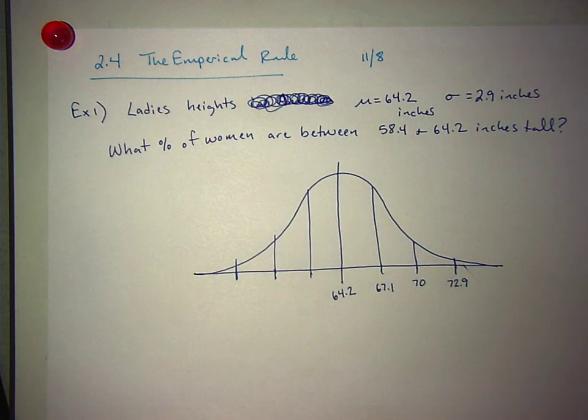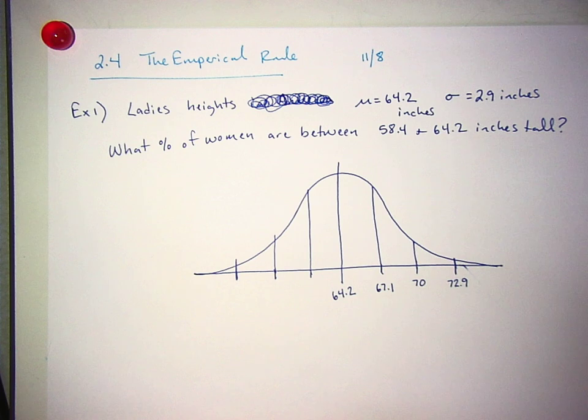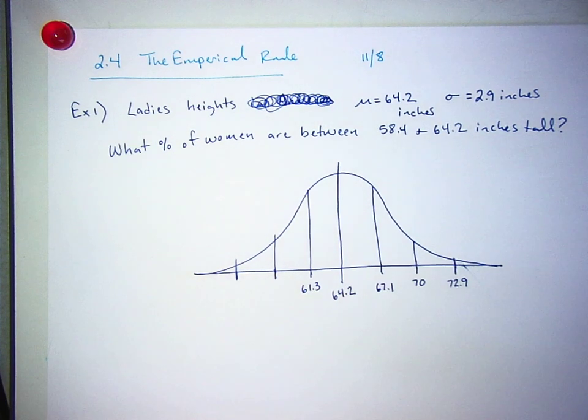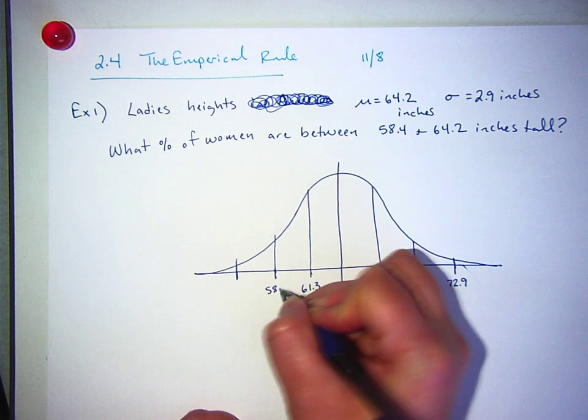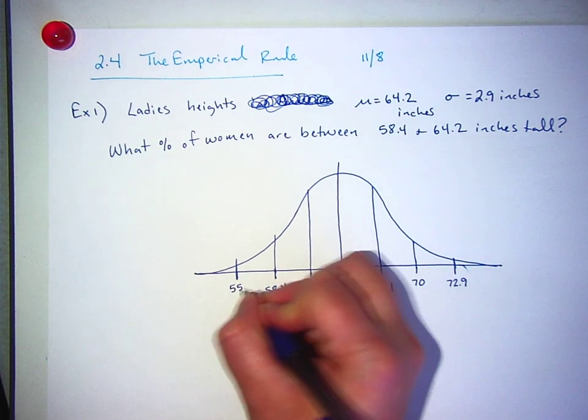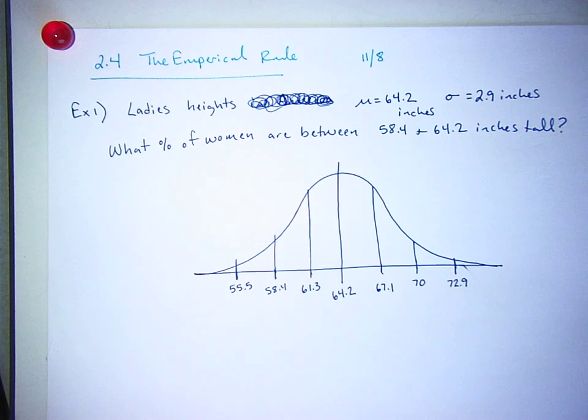We're not going off to extremes. I'm going to take 64.2 minus 2.9, which is 61.3, minus another 2.9, 58.4, and then minus another 2.9, 55.5. You don't have to do this for every problem.